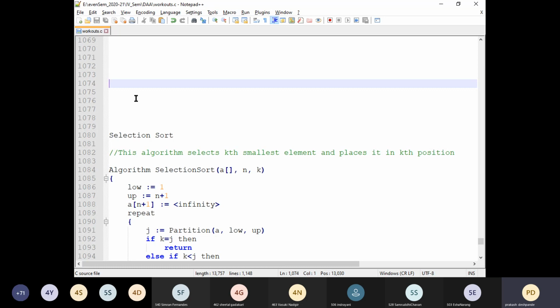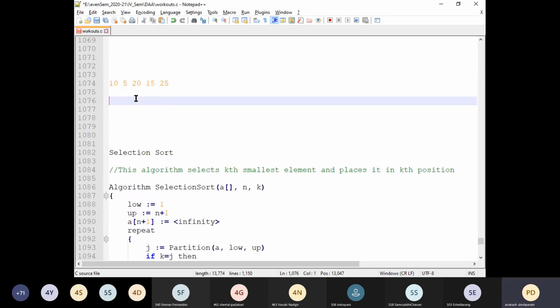Suppose there are certain elements, say 10, 5, 20, 15, 25. Assume these are the five elements in a given collection. If we make use of selection sort, it tries to find the smallest element among these, and that smallest element will be positioned at the first position.